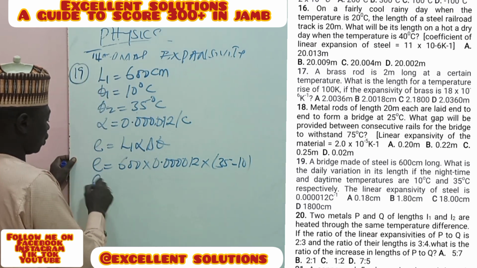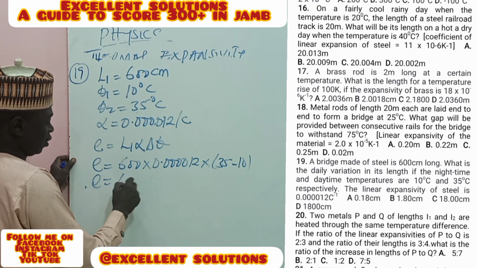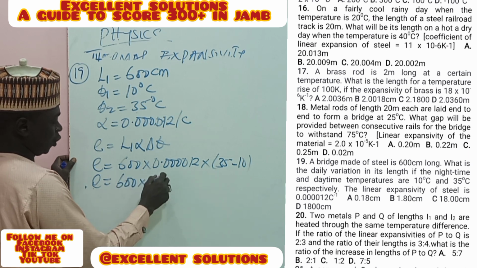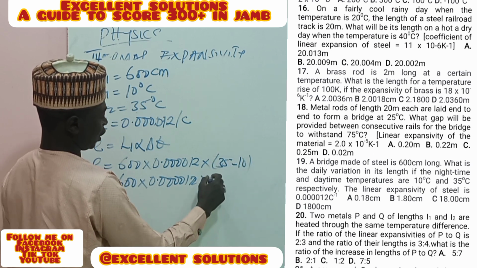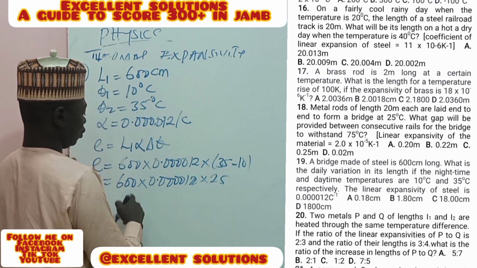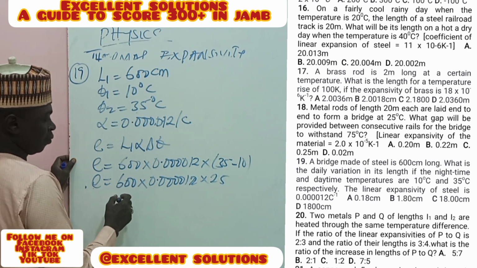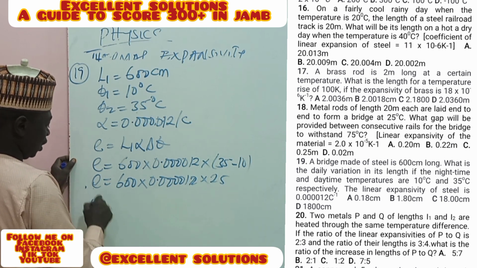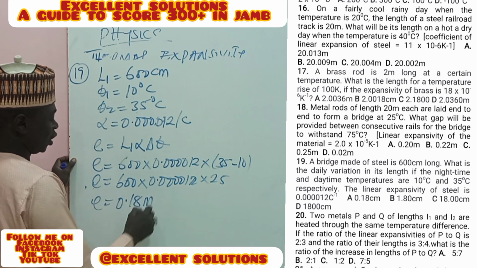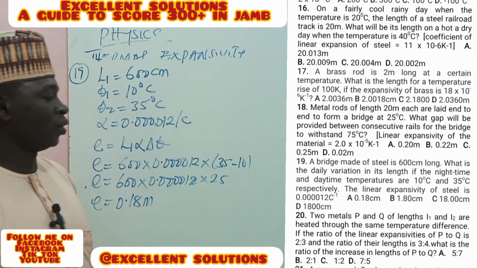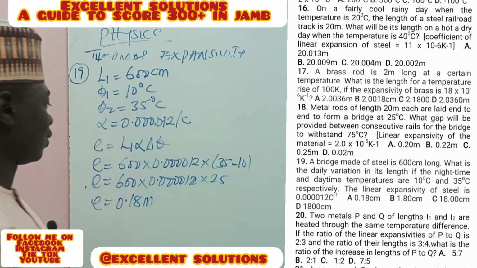So expansion equals 600 times 0.00012 times 25. We multiply 600 by this by 25, we are going to have 0.18. So expansion equals 0.18 meters. If we look at our options, we have it in option C, 0.18 meters.